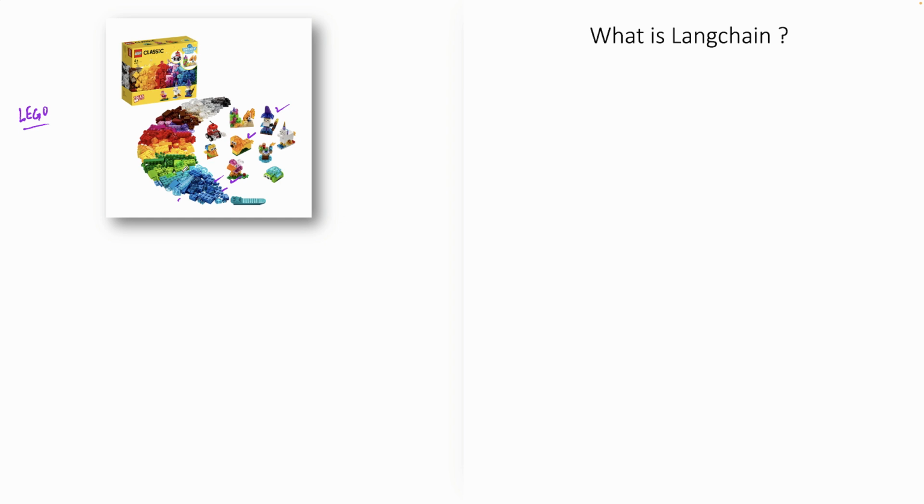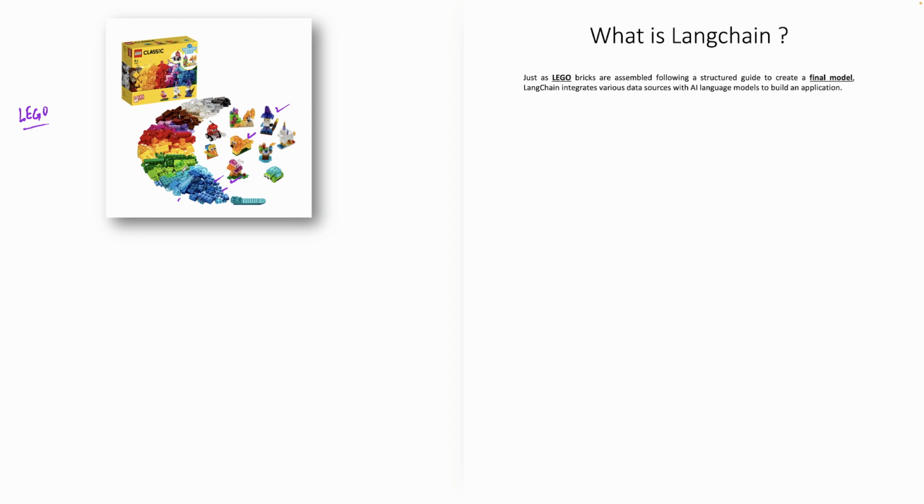In the same way, Langchain allows you to use pre-built models or modules for common tasks. You can customize and combine these modules in new ways to create complex language applications which are tailored to specific needs.